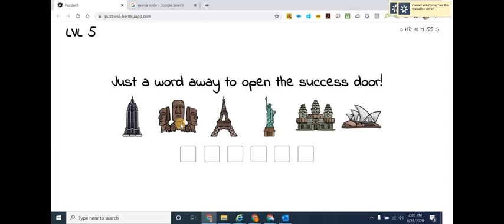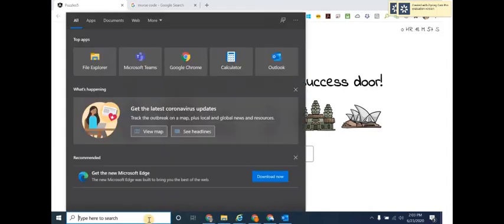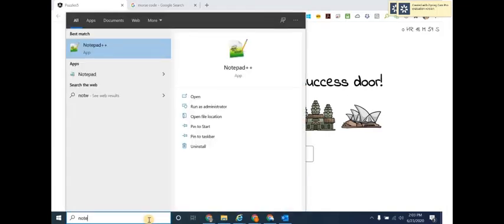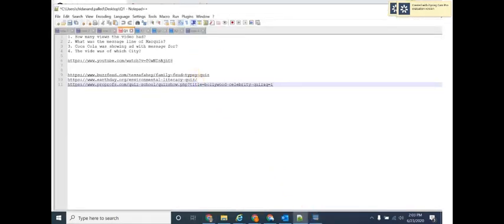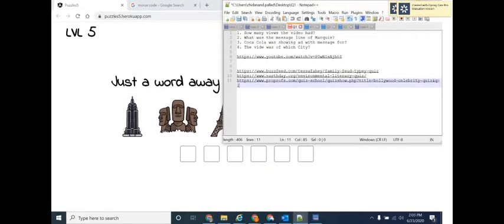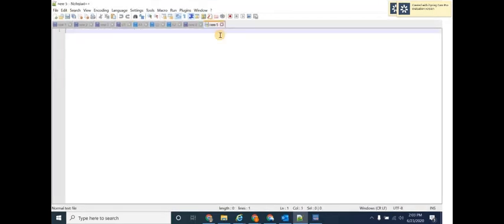So we'll open the notepad and try to work out the solution by getting all the answers. First one is the Empire State Building in New York.